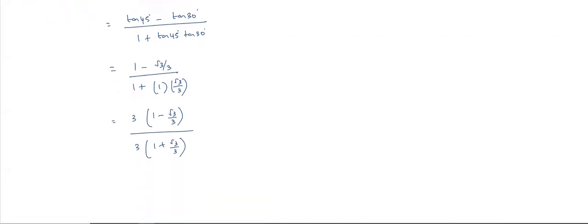So 3 is the common denominator, and I'm going to multiply with that. And that gives me 3 minus root 3 over 3 plus root 3 as my final answer. Okay, let's see the next question. Question number 17 is sine 5 pi over 12.